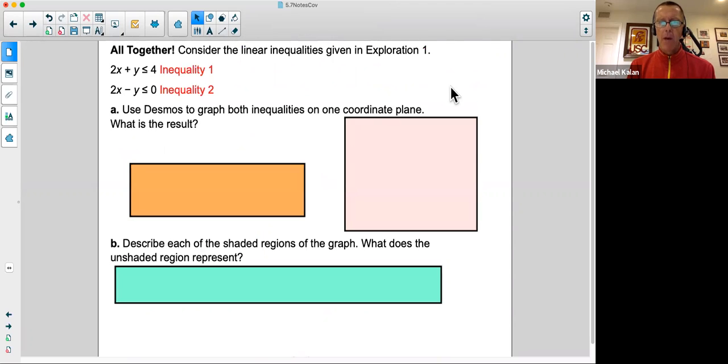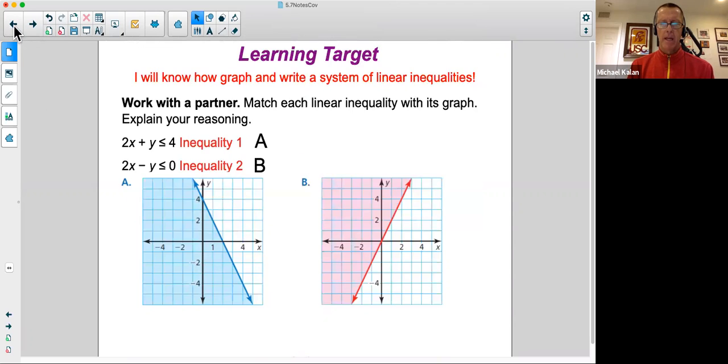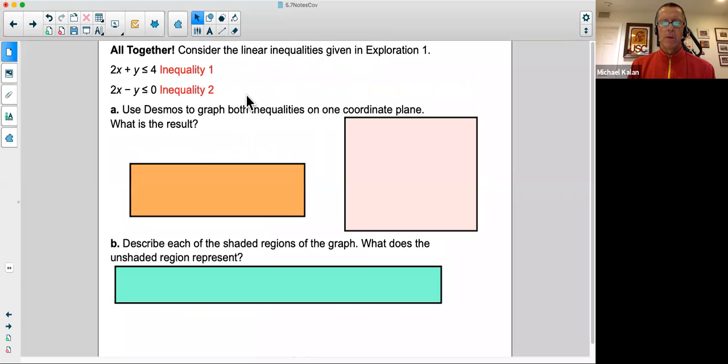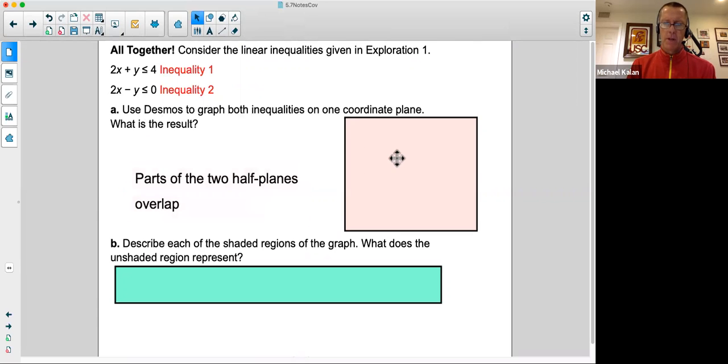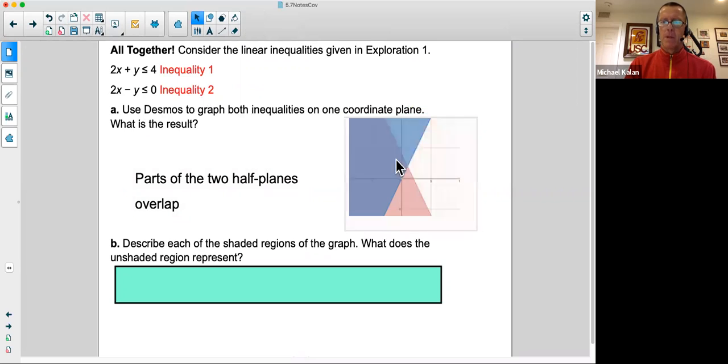Okay, so now we're going to take these same 2 inequalities, and we're going to graph both of them in one coordinate plane. You can go ahead and use Desmos. So pull up Desmos, enter those in, and you'll see the results. And it looks something like this, right?